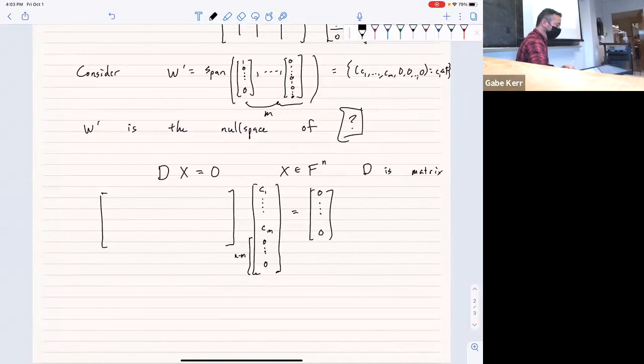Tell me a matrix that will do this. If I have the zero matrix, this will be true. However, if I have the zero matrix, I've overdone it, right? Because now it's not the null space, it's contained in the null space. I want it to equal the null space.